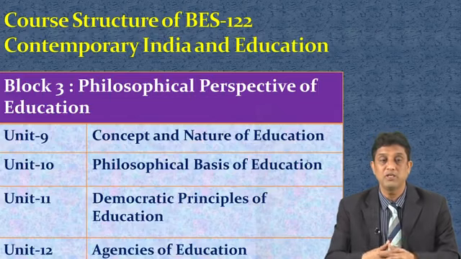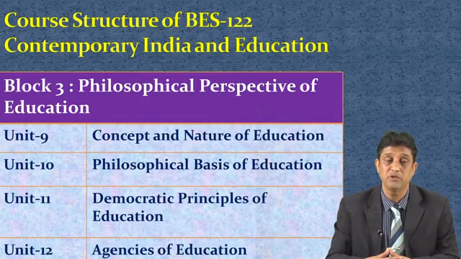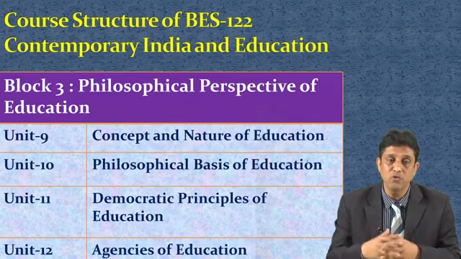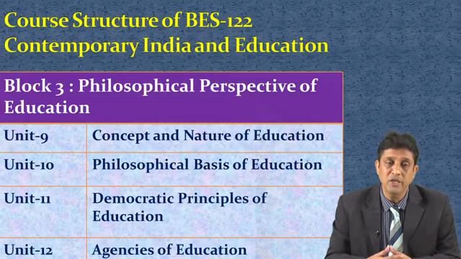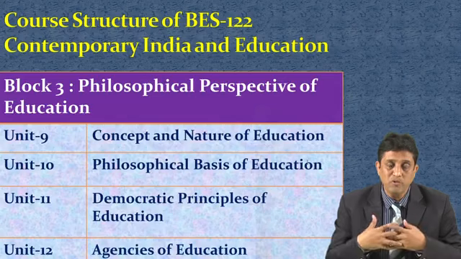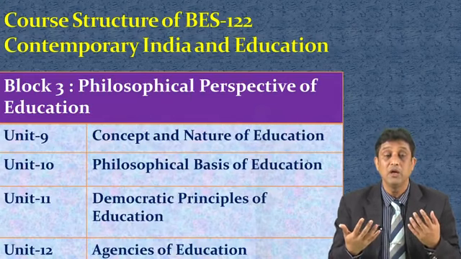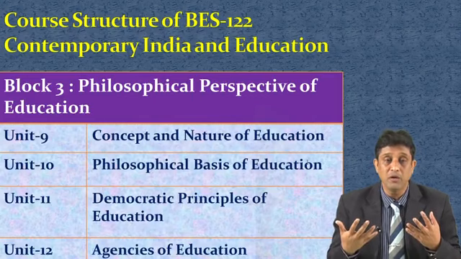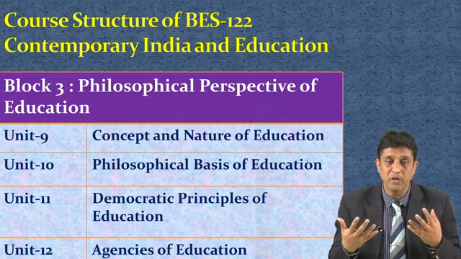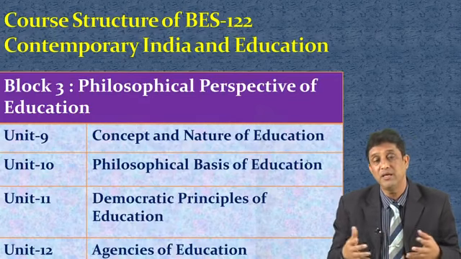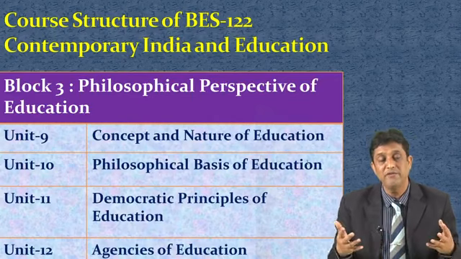Further, we have also discussed the democratic principles of education. We are living in a democratic country, so the values included in our constitution, our democratic living: how to prepare the child, how to prepare the students, how to develop certain values that they are supposed to practice in their day-to-day life, in their student life, in their teacher life.